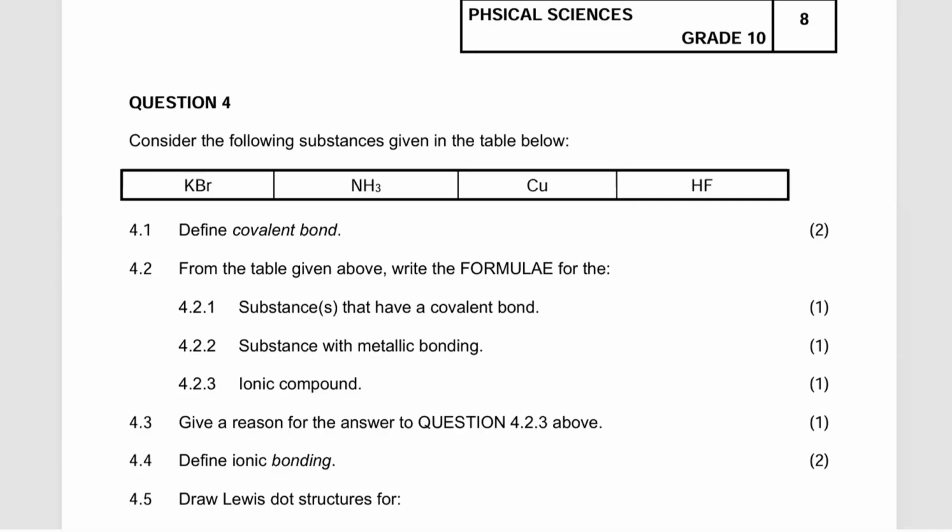So this is the sharing of electrons between atoms to form molecules. Okay, so this is our definition for a covalent bond.